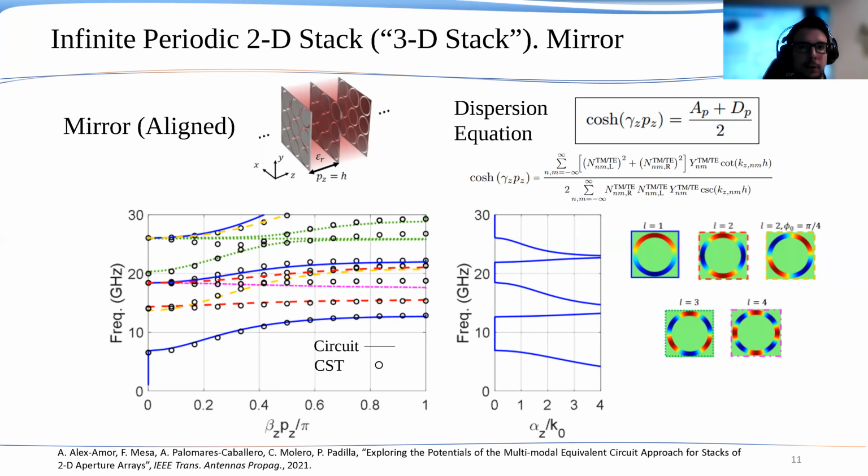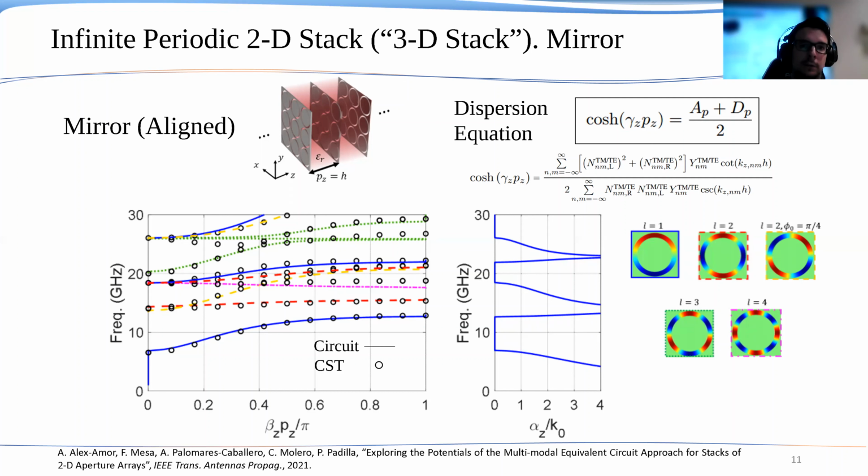Now we can also see the dispersion diagram in both phase and attenuation constants, and we have also compared our circuit approach with CST. As it can be appreciated, there is a very good agreement. We should note that the different Floquet modes that are actually excited in the structure are represented in the circuit with different basis functions.